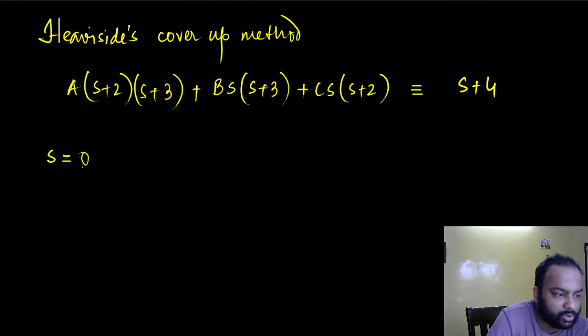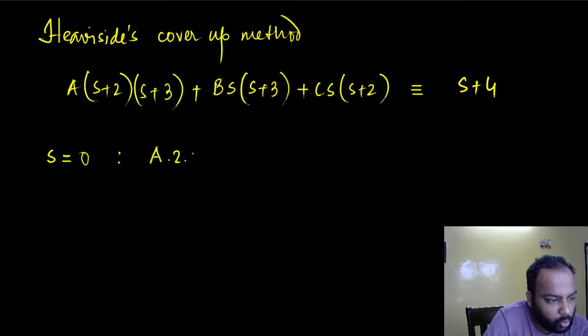If I put s equal to 0, then I have A into 2 into 3 plus B into 0, since this is 0, plus C into 0. On the right hand side, since this is an identity, s equal to 0 gives 4.